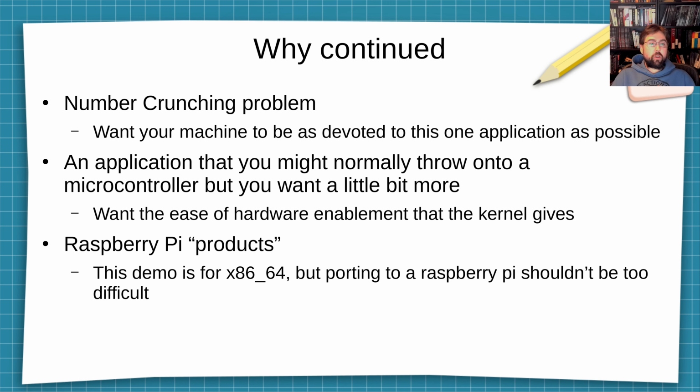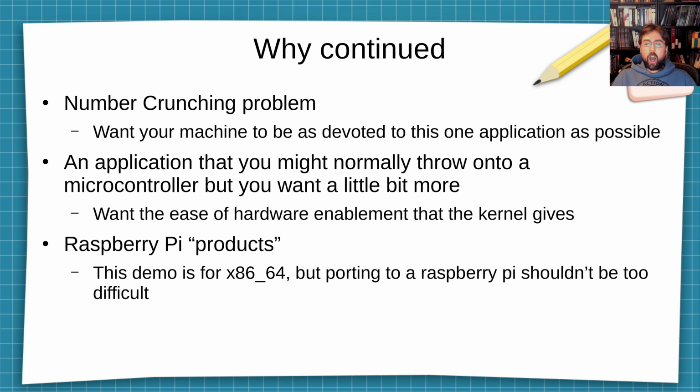Another thing that you could do is something that you might normally do on a microcontroller, but you want a little bit more out of what a microcontroller can give you. For example, you want the ease of hardware enablement that the kernel can give you.